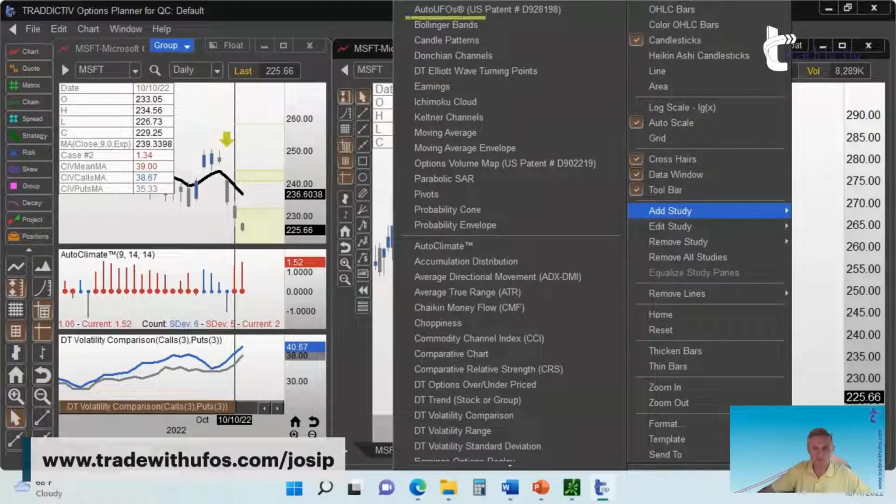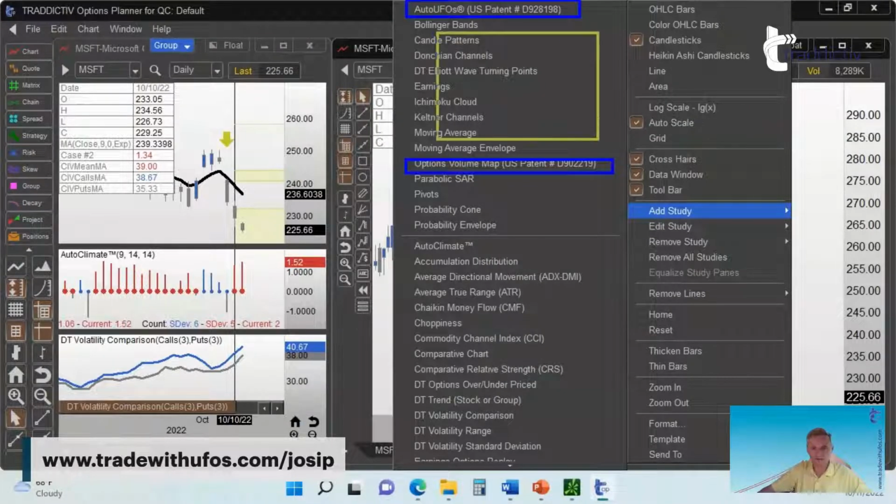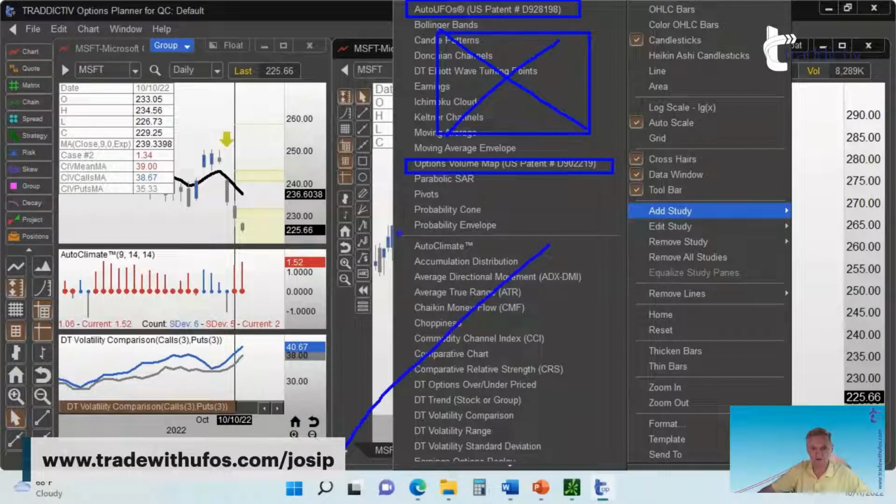The one that is already plotted there is unfillorders.com, which is already patented. The second one that is patented, out of all of these that exist, is right here, while the rest are just regular tools you can find on any other platform. We're going to be clicking on the option value map.